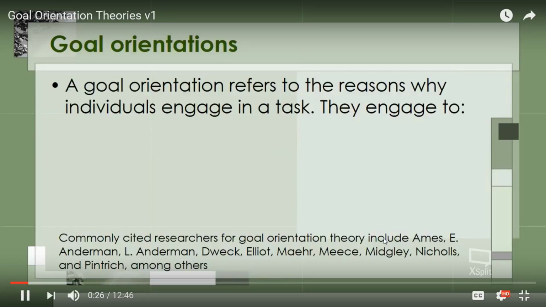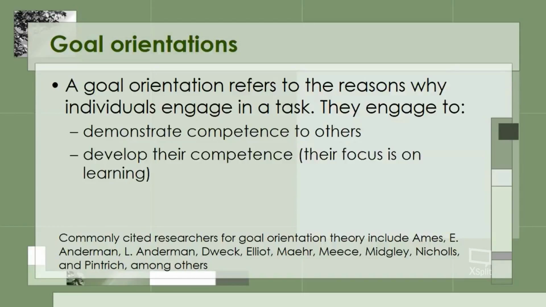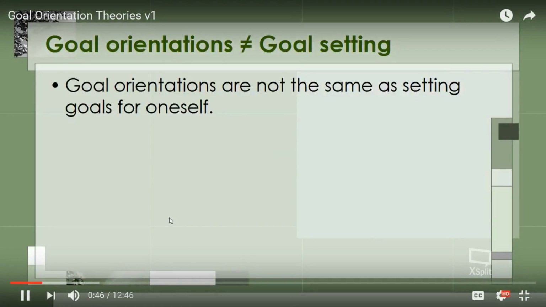A goal orientation refers to the reasons why individuals engage in a task. They engage to demonstrate competence to others or to develop their competence, where their focus is on learning. So as you can see from these reasons to engage, goal orientations are not the same thing as setting goals for oneself. This is an important point to remember.